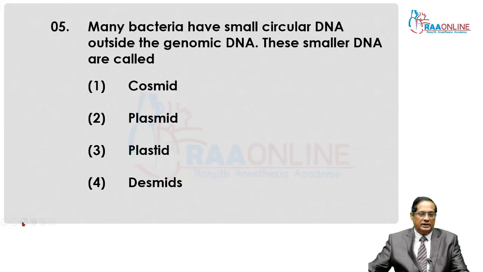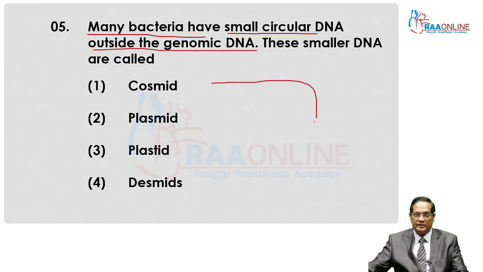Then the next question is concerned with the prokaryotic cell. Many bacteria have small circular DNA molecules outside the main genome. Suppose this is a bacterial cell. It is a prokaryotic cell. It has a large double-stranded circular DNA as the main genome.